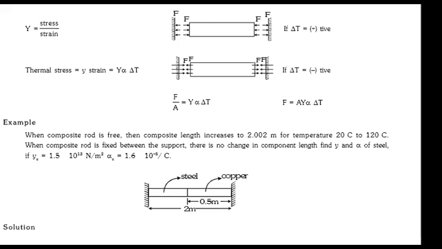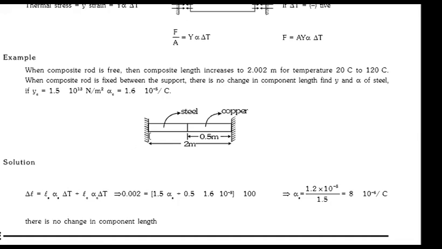Yes, very good. Okay, Manoj, okay, Prashant. So see what we have to do over here. I hope all of you understood the concept. Now, when you talk about total change in length, it will be change in length in steel plus change in length in copper. Yes or no?